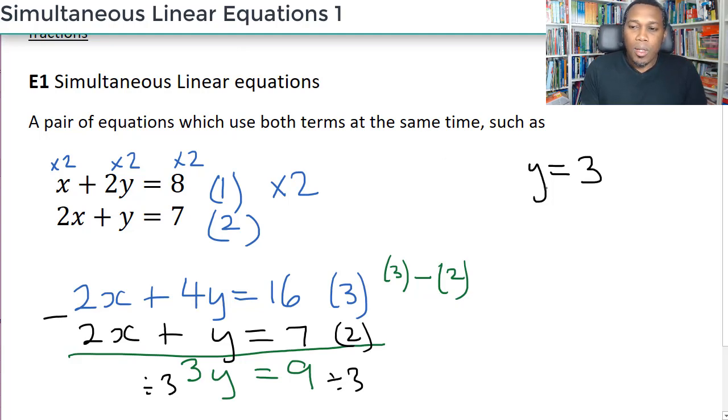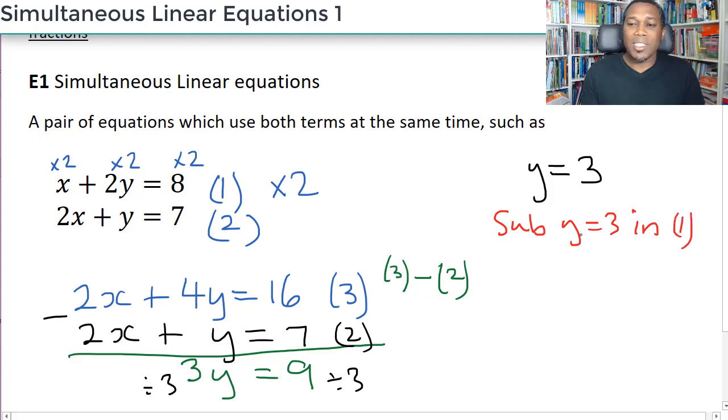Now, y is equal to 3. If y is equal to 3, the last bit, how do I find x? We do this lovely thing called substitution. We're going to substitute y equals 3 in, and you can choose any equation you want, but this time I'll go with equation 1. So I'm substituting y equals 3 in equation 1. In other words, where I see y, I replace it with this new value, 3.